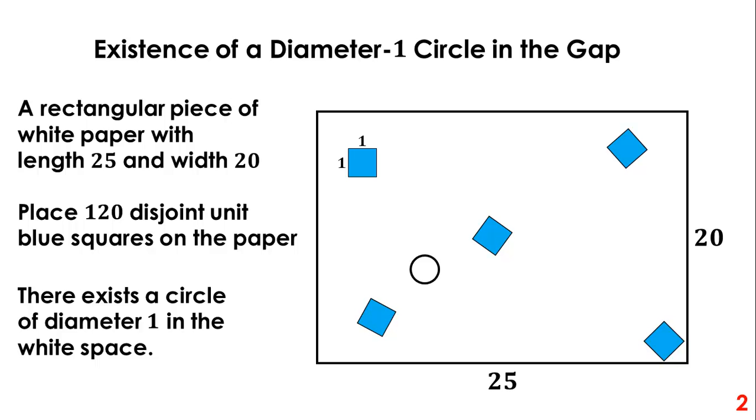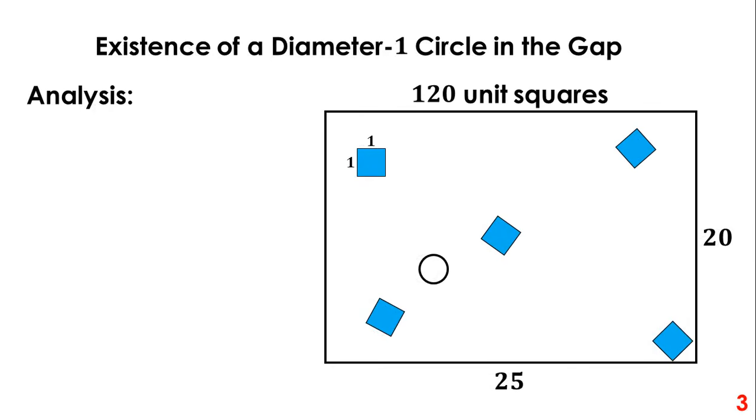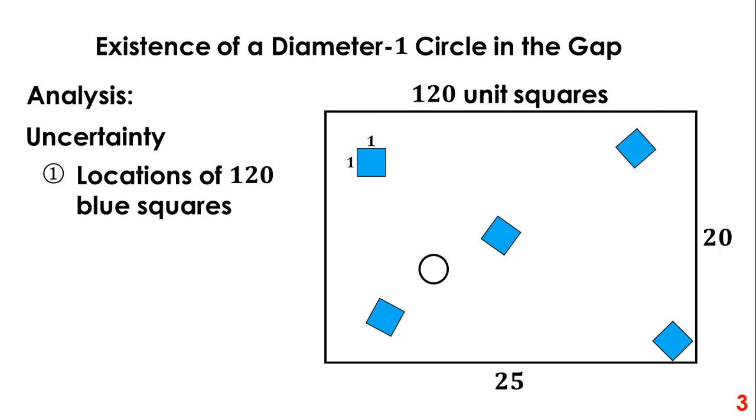Next, let's look at how to do the analysis on this problem. First, let's examine the uncertainty in this problem. A lot of things are uncertain here. First, locations of 120 blue squares.